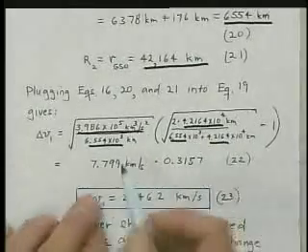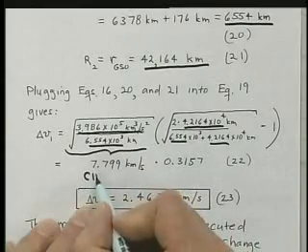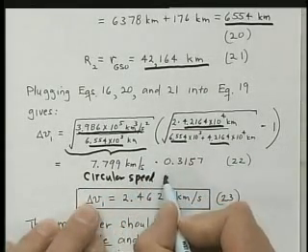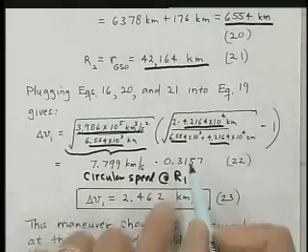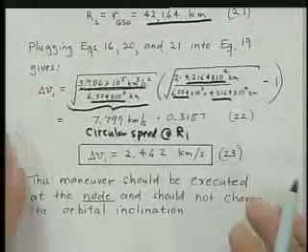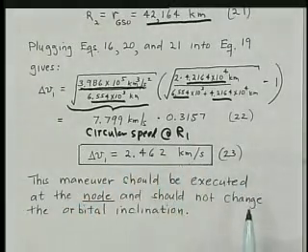By the way, this first term, the square root of mu over r, is the circular speed at r1. And then we multiply by this fraction, 0.3157, and get that delta V1 is 2.462 kilometers per second.